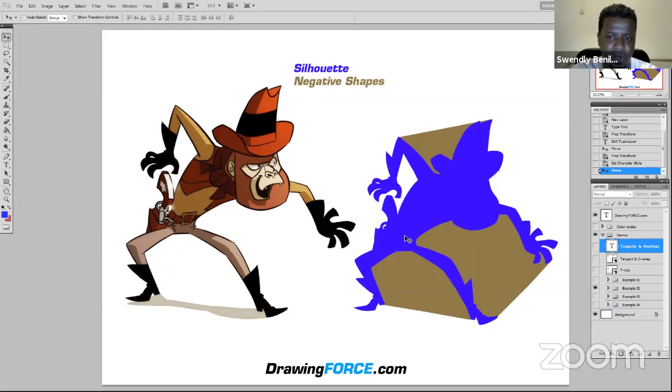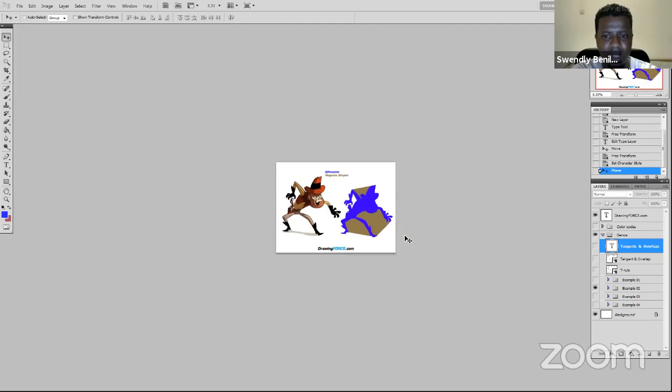Like, for example, if I were to zoom out, even at a very small size, everything is still clear, you know? So this is something that we always want to create: visual clarity. You want clarity at all levels, at the gesture, at the story, at the silhouettes, at the shapes.